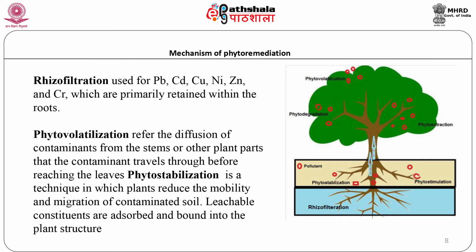In Thlaspi, cadmium in the leaves was found to be bound with sulfur ligands. In Arabidopsis, zinc was mostly stored in the vacuoles of mesophyll cells, while in Thlaspi it was in the vacuoles of epidermal cells. There are several advantages and drawbacks of phytoremediation.